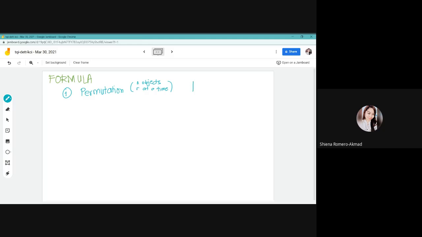Anong formula nun? Formula nun is permutation of n taken r at a time is equal to n factorial divided by n minus r factorial. Pangalawang formula na pwede natin gamitin, it's the formula for distinguishable.